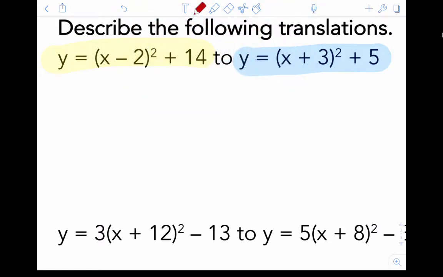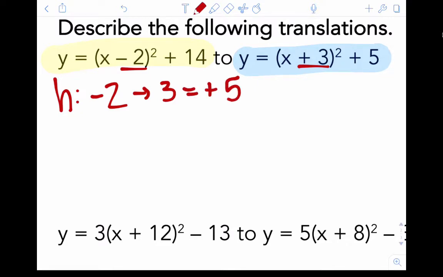So I need to think to myself, what happens with h? Well, h was -2, and it became 3. So to get from -2 to 3, you need to add 5, or you need to increase it by 5. Well, if my h changes by a positive 5, then that means it's going to go left 5.